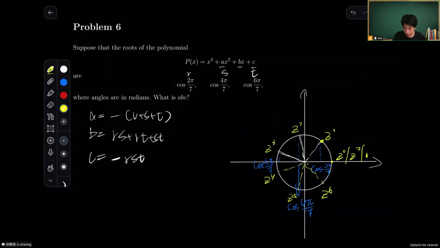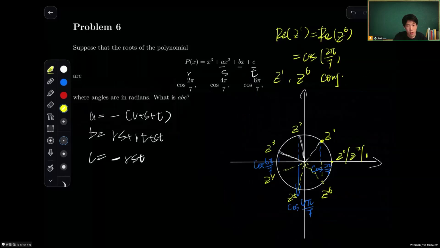Now, in this case, you might notice that, interestingly, the real part of Z to the first degree is equal to the real part of the 6th degree of Z, which is equal to cosine of 2 pi over 7. And also, Z1 and Z6 are pairwise conjugate. So what can you arrive at here? If you're really smart, you're going to realize that Z1 plus Z6 divided by 2 is exactly cosine 2 pi over 7. That's an important insight.